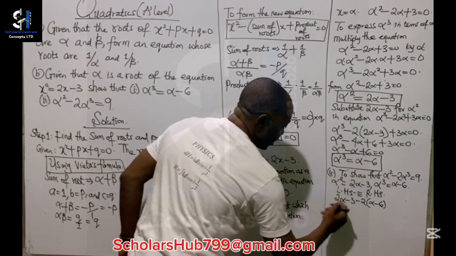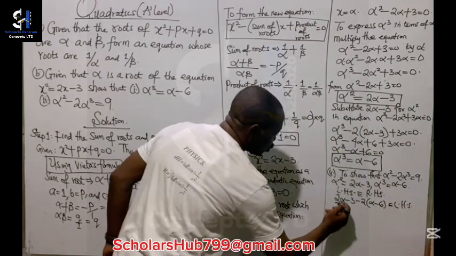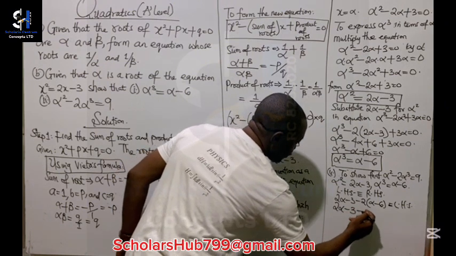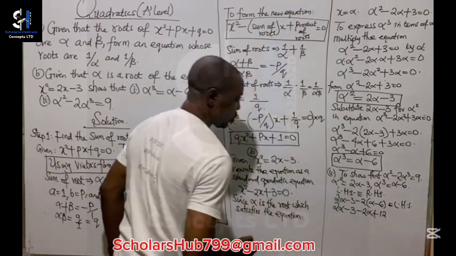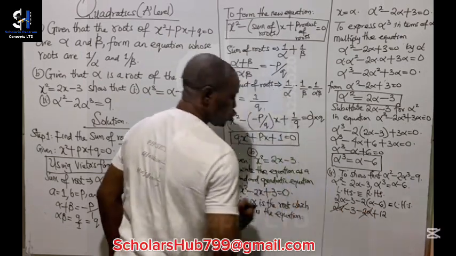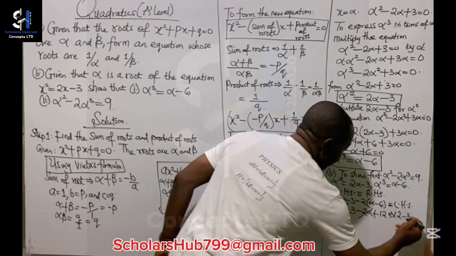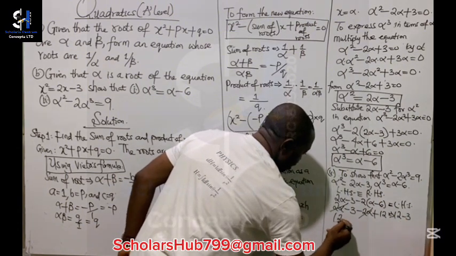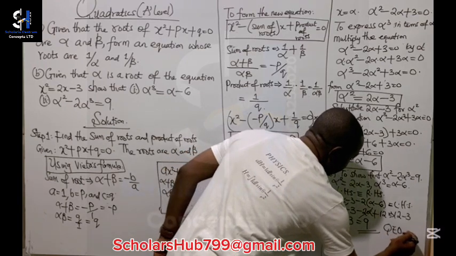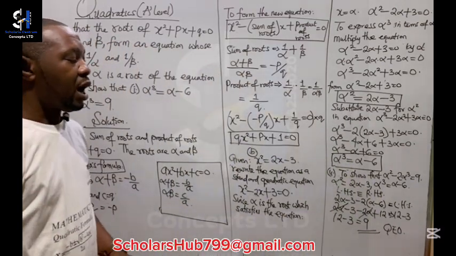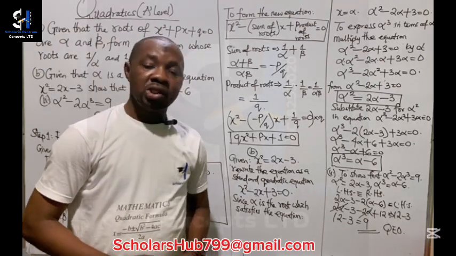That is 2 alpha minus 3 minus 2 alpha plus 12. Now 2 alpha minus 2 alpha is 0, so here we have 12 minus 3, and 12 minus 3 equals 9. And we have just shown that alpha squared minus 2 alpha cubed equals 9.